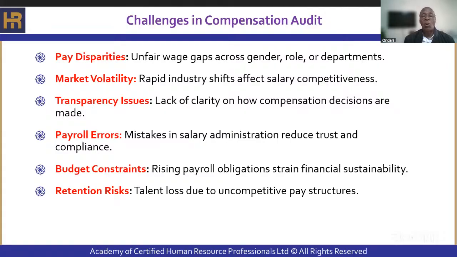Transparency issues, lack of clarity on how we compensate our employees. Opaqueness is common in many organizations. For example, our security officers, those people who man the gates and the compounds. As an organization, we may be paying each employee through their managers like 30,000.